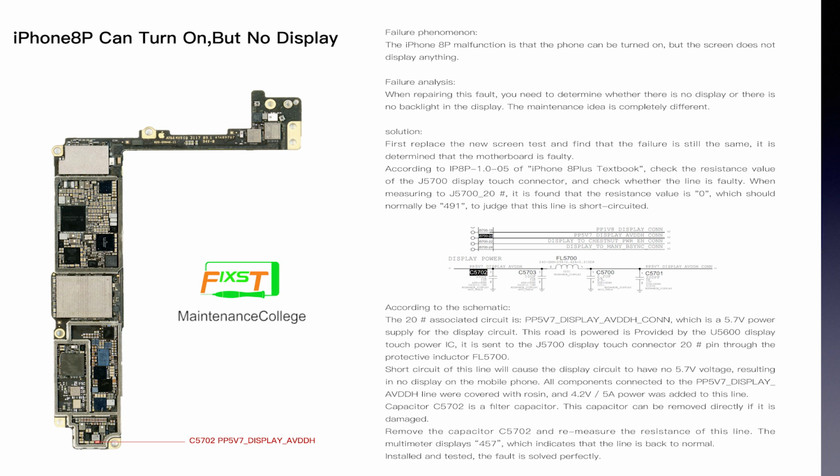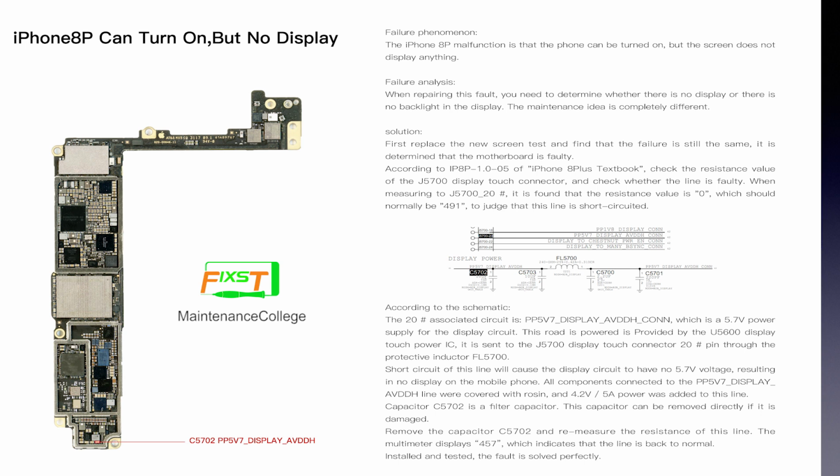After that, we need to find the schematic, and according to the schematic, we found that this pin's circuit is PP5V7 display AVDDH. This means that this is a 5.7 volt power supply for the display circuit. We need to find out how this line works.